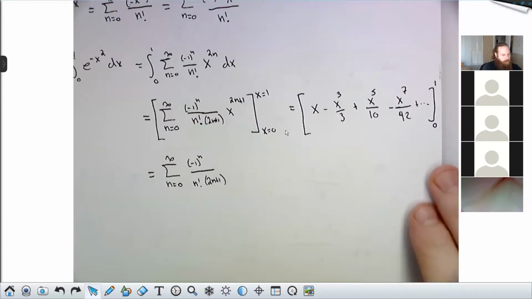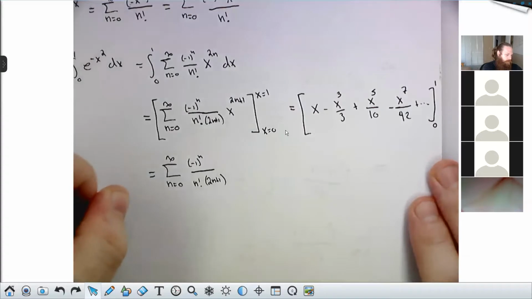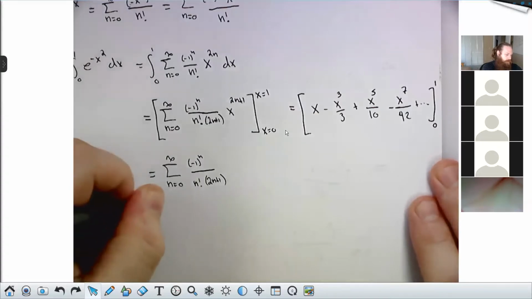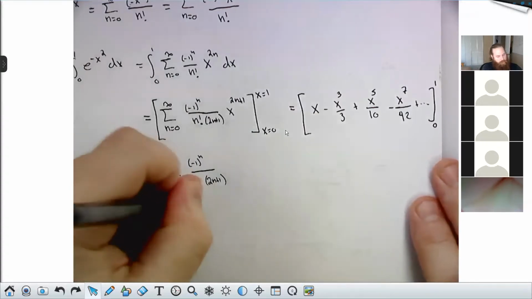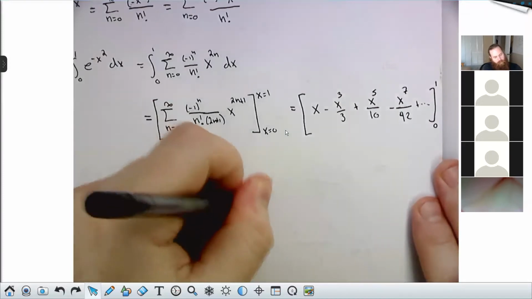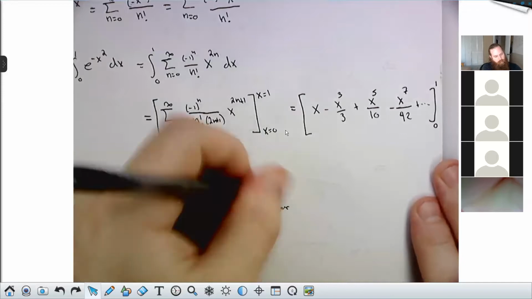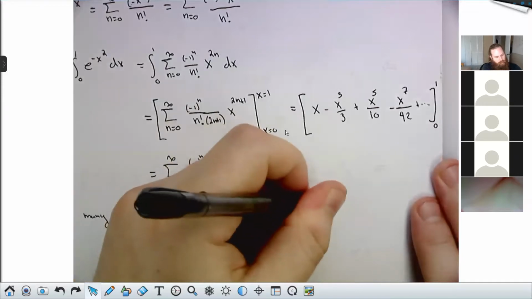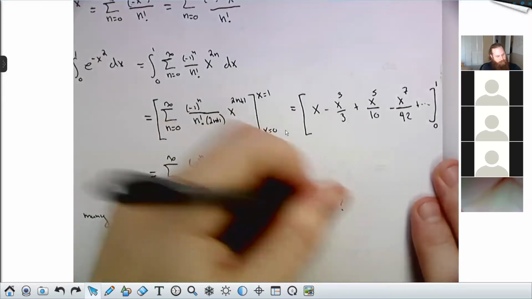And if I want to approximate this, so how many terms are needed to approximate with error less than 0.001?